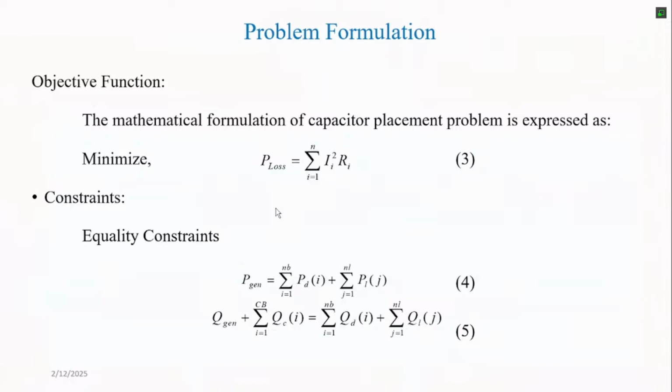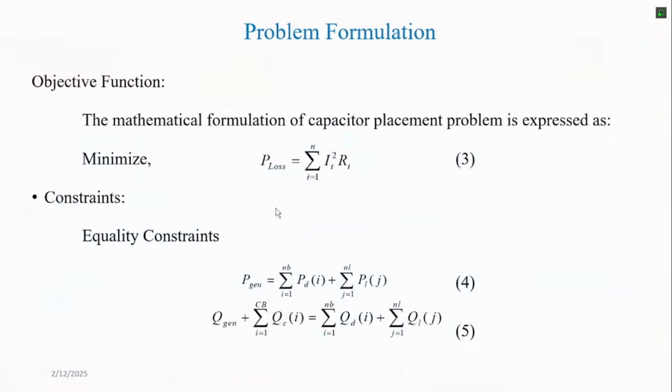And here as we are calculating the power loss, your P generation is supposed to be whatever the demand on each node is plus whatever the power loss occurs, and this power loss we can calculate based on the backward forward load flow method.